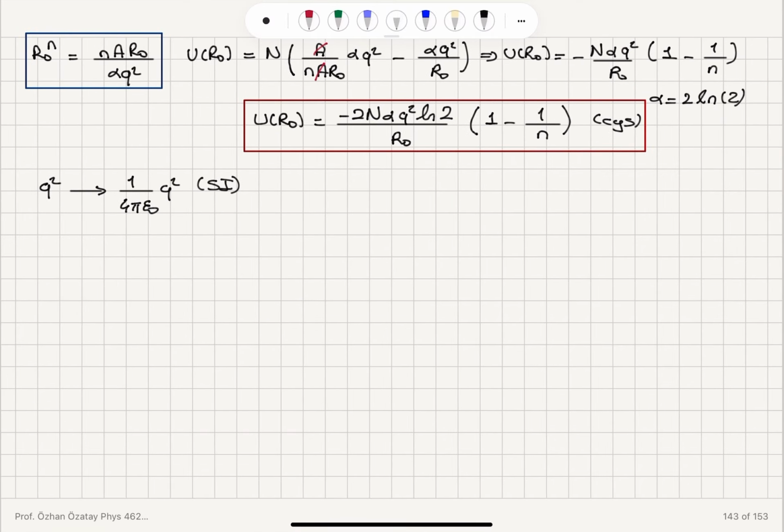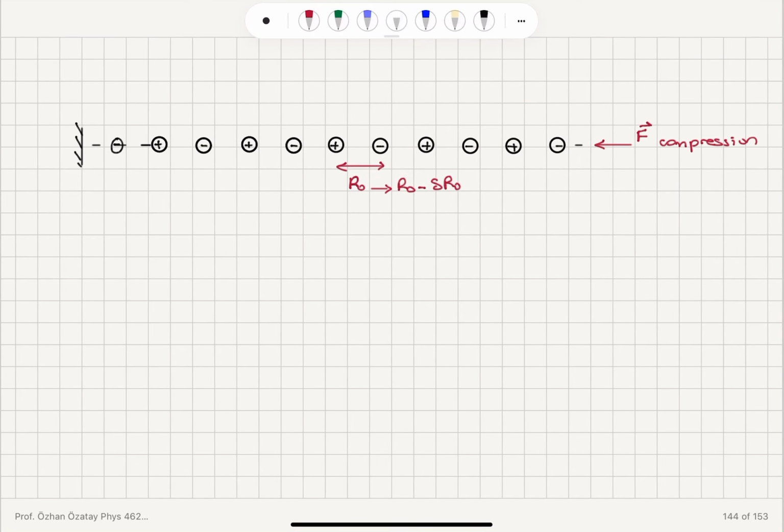Okay, now in this part of the problem, we are compressing this crystal. There is an external force being used to compress the crystal, and the equilibrium separation decreases from R0 to R0 minus delta R0.